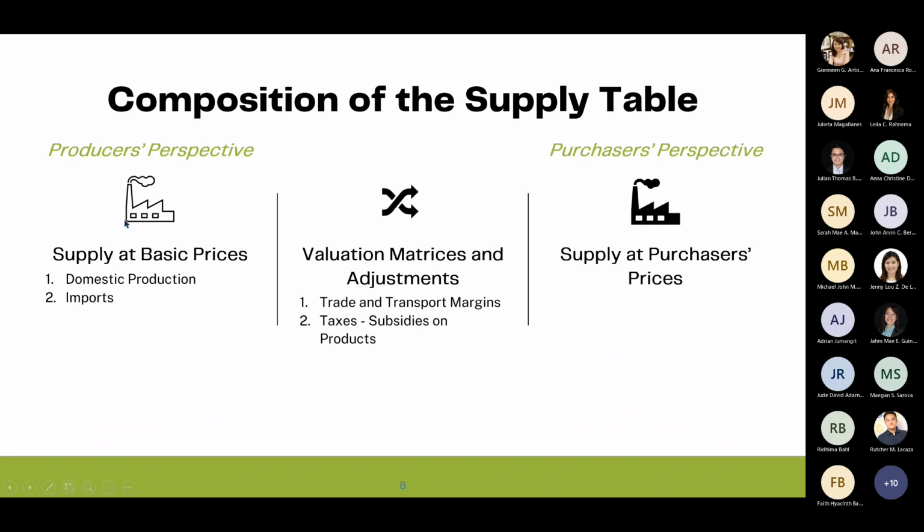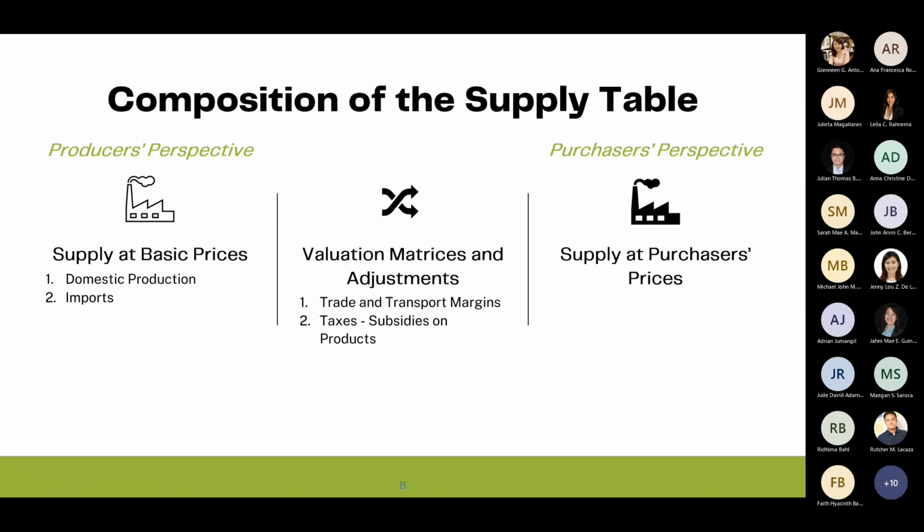But from the perspective of the producer, the output is recorded as the price of the good without the margins and taxes, right? So to bridge the two, we perform adjustments here in the middle to bridge or to connect supply at basic prices to supply at purchasers' prices.